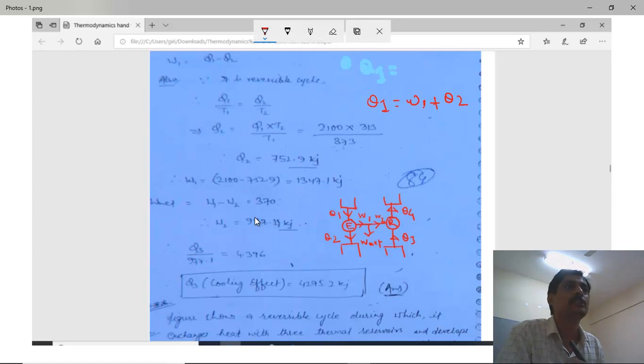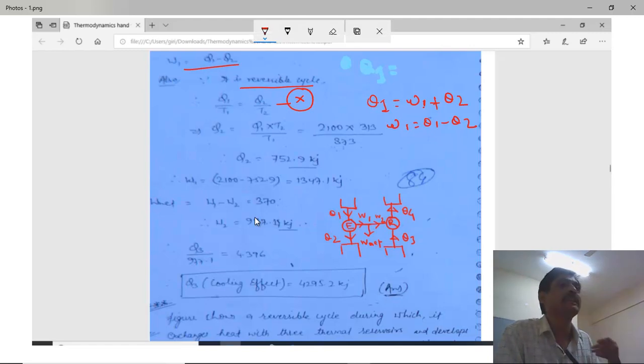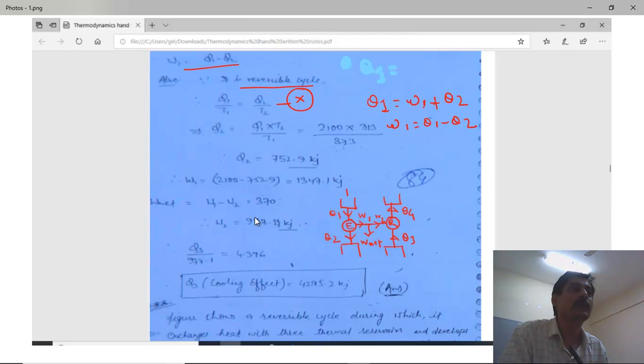We also know that for a reversible cyclic engine, Q1 by T1 is equal to Q2 by T2. This is an important equation, the temperature scale equation, and it holds only for a reversible cycle. Therefore, Q2 is equal to Q1 into T2 by T1.